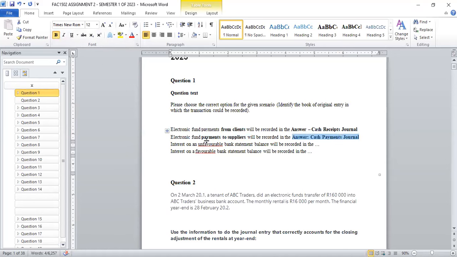Then unfavorable bank balance will be recorded in the bank statement balance. We record it in the bank reconciliation statement.